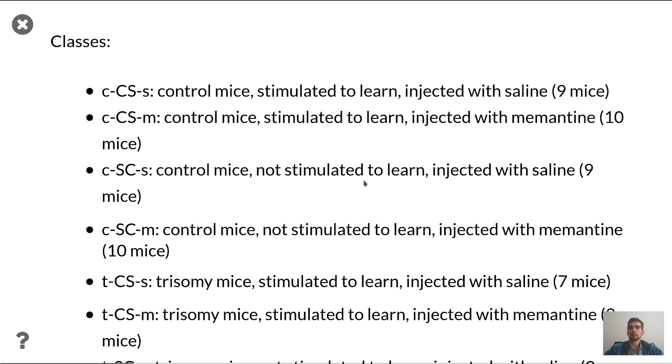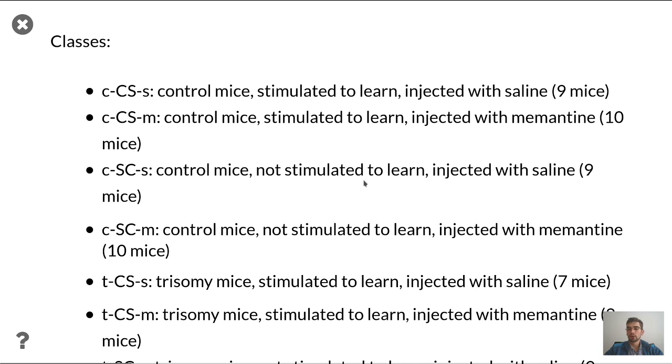And finally, some mice were injected with saline and some with memantine, so it's just two different types. And this is the third way to define classes within this problem. And obviously we can try to find the expression related to, say, stimulation to learn.